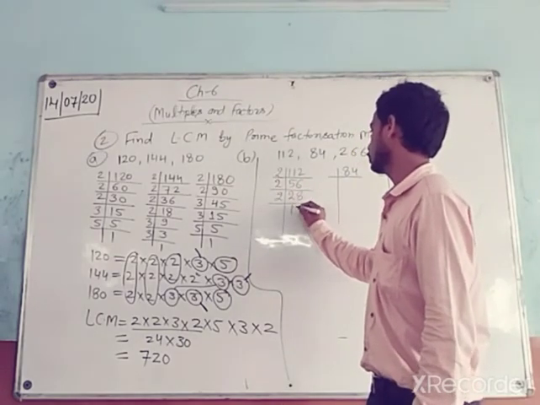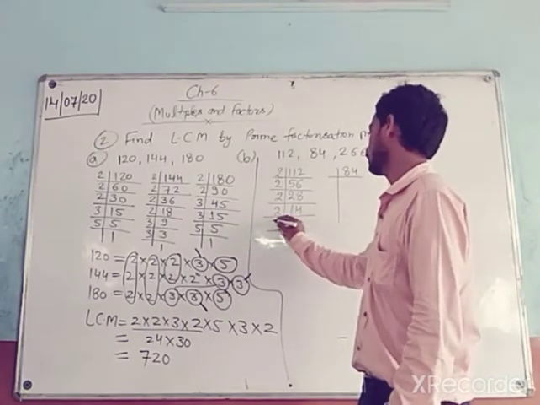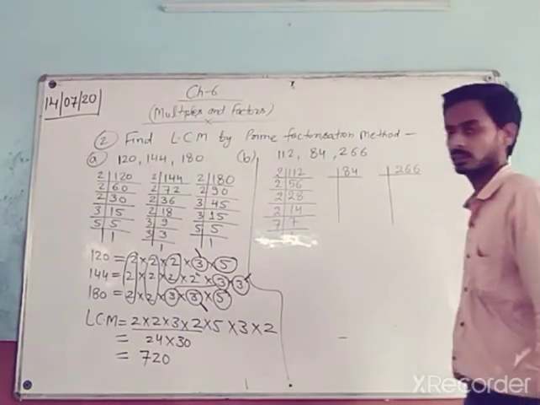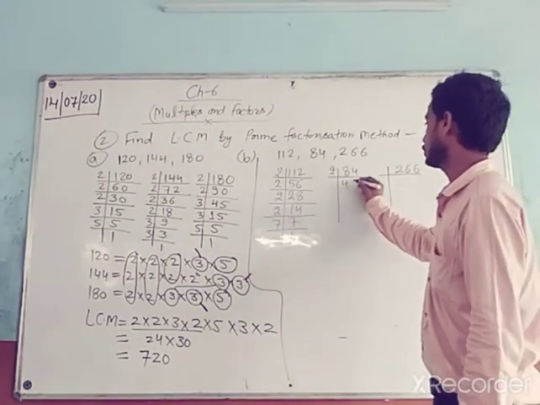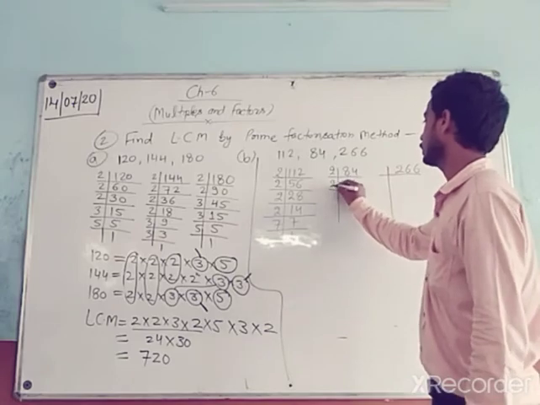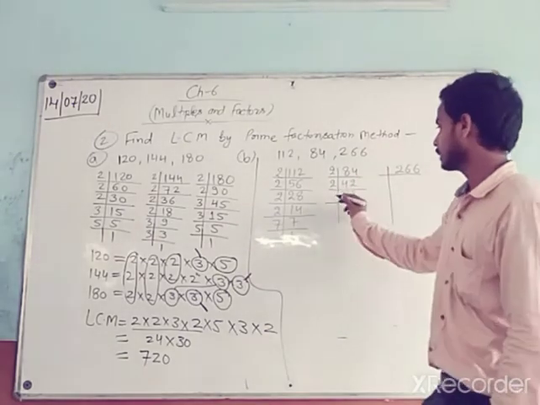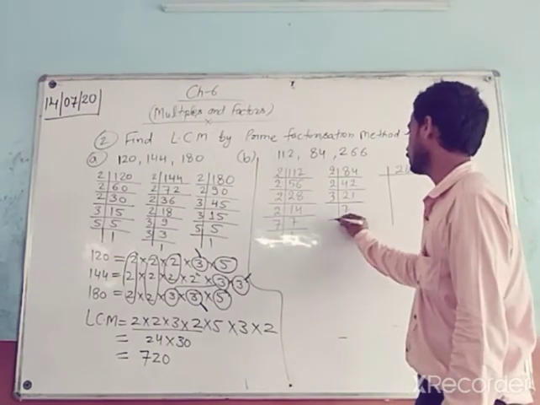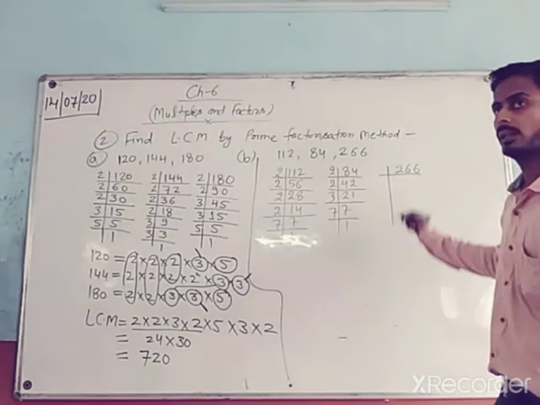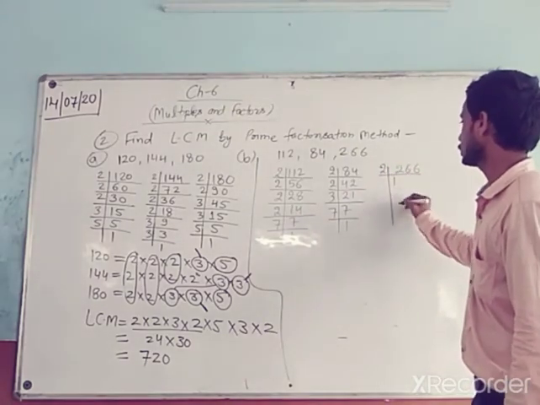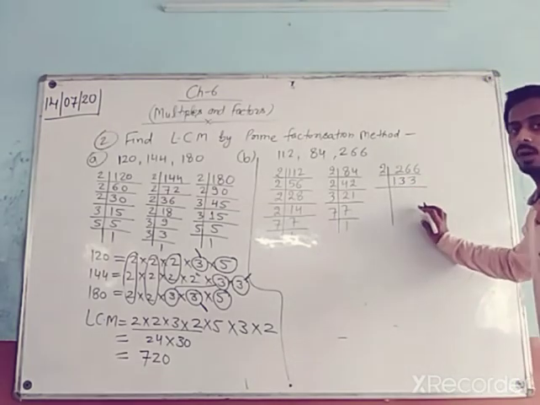Then 2 14s are 28, then 2 7s are 14, and then 7 1s are 7. Clear? Now 2 4s are 8, 2 2s are 4. Then 2 2s are 4, 2 1s are 2. Okay. Next 3 7s are 21, 7 1s are 7. Okay. Next 2 1s are 2, 2 3s are 6, 2 3s are 6.